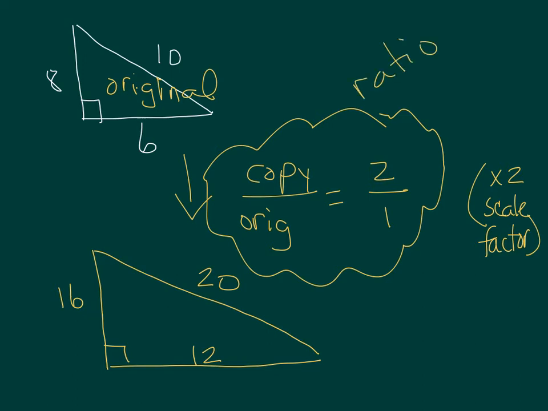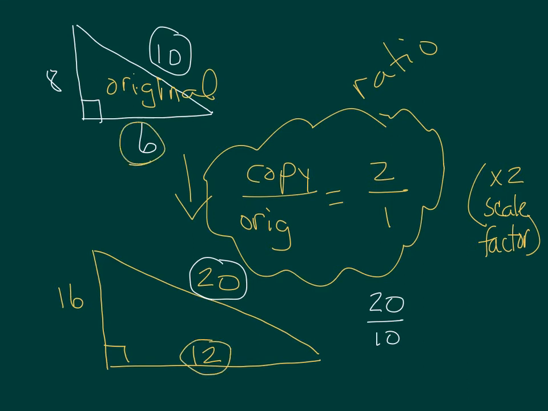If they ask you to make a ratio of the copy to the original, that is what they ask you to do. Now, speaking of that ratio, I can do that with any set of sides. Let's suppose I look at the 20 and the 10. Then I'm going to put 20 over 10. Or I could do the 12 and the 6, so I would have 12 over 6.